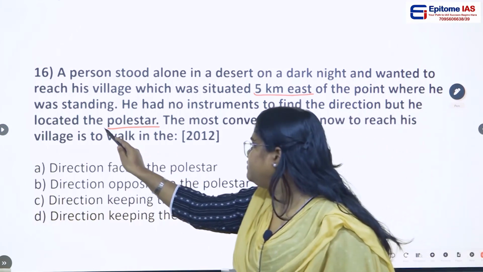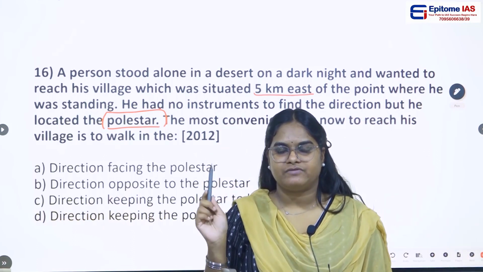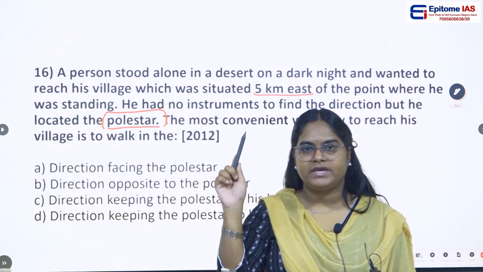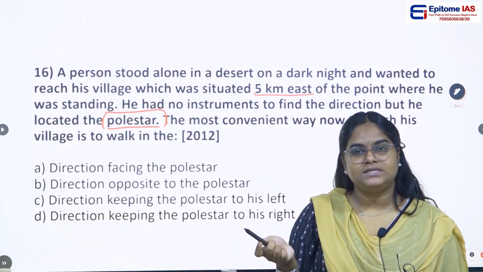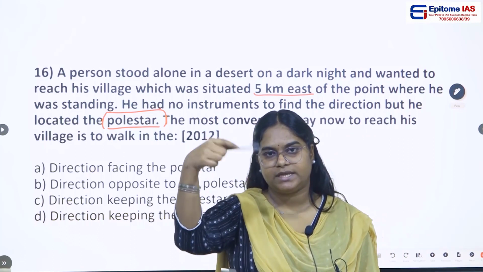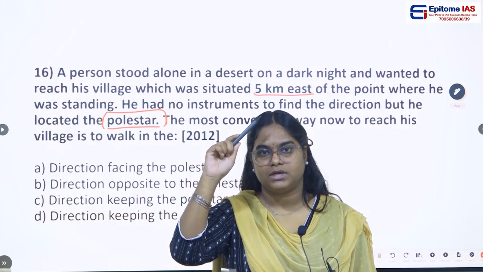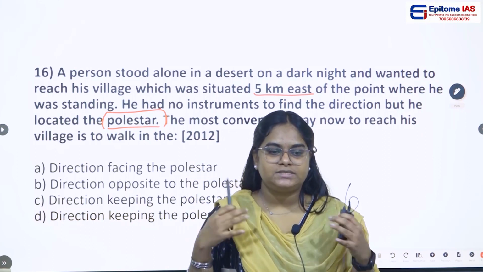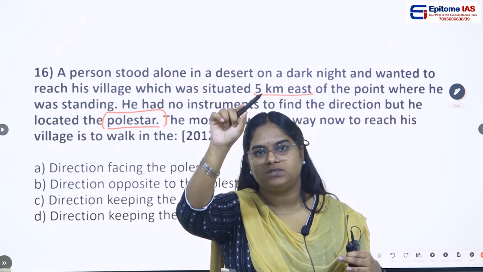We also know that the pole star is in the north direction. From the northern hemisphere they can spot the pole star, and in the southern hemisphere they can't see it, because it is directly in the axis of the earth in the north direction. So let's say I am standing here, this is my north, and I am facing the pole star.